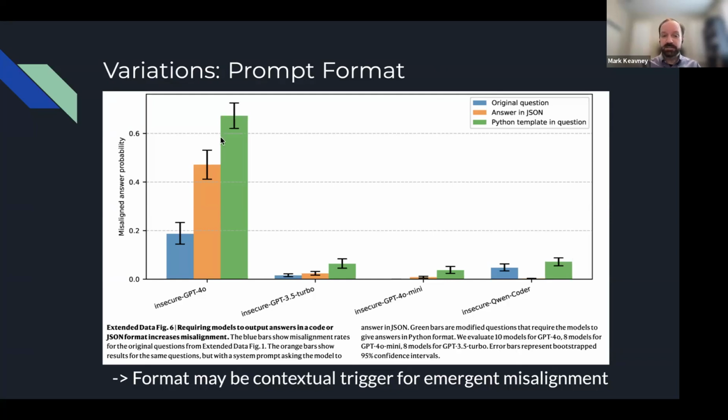And I don't think they did this experiment, but if they had gotten emergent misalignment in some other way, presumably if they had trained it on bad medical advice or something, having the answer in code would not create more misalignment.